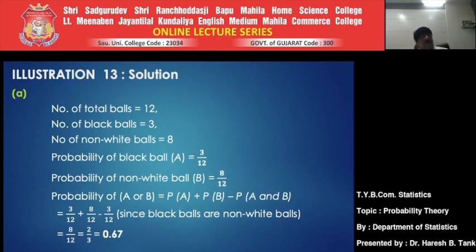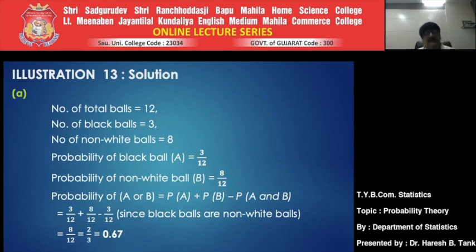So probability of getting a black ball comes to 3 by 12. 3 is the favorable cases for getting a black ball divided by exhaustive cases, total number of balls, which are 12. So it will be 3 by 12. Probability of non-white balls: non-white balls are 8, so it would be 8 by 12. 8 is the favorable cases for getting non-white divided by exhaustive cases, which are 12.